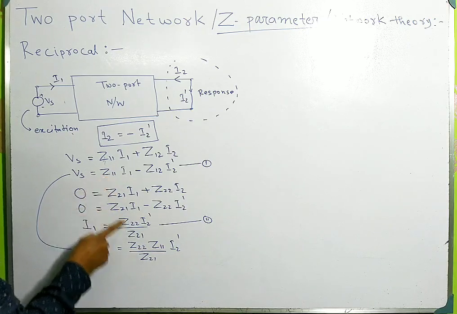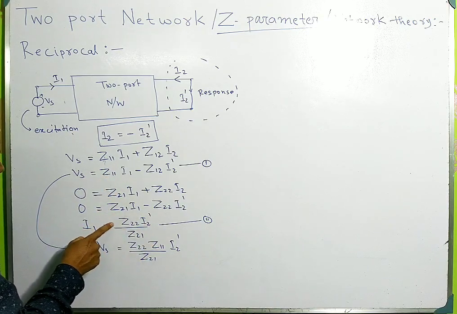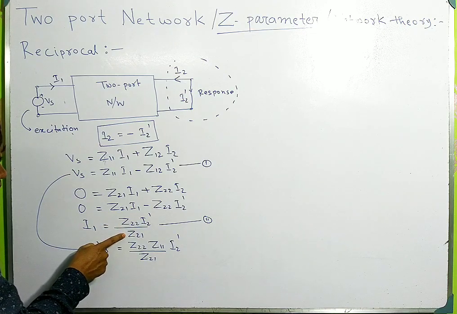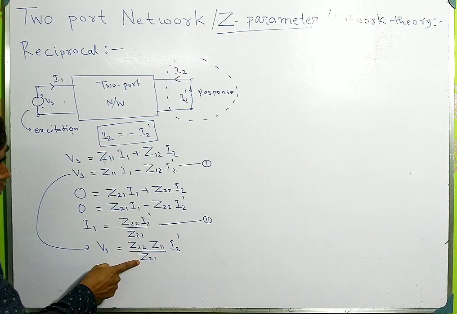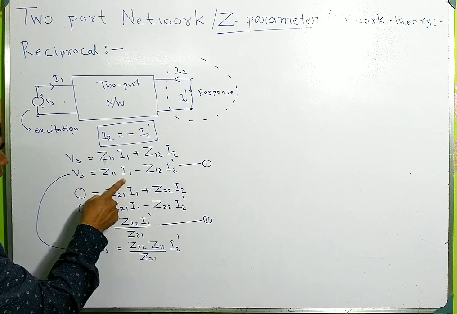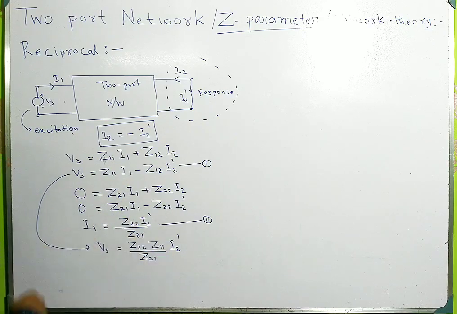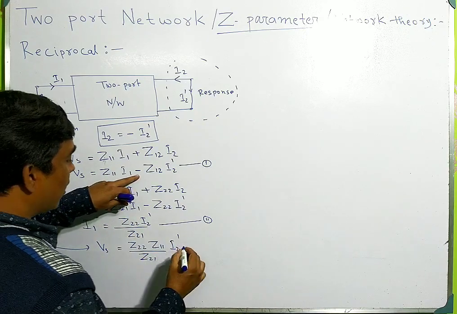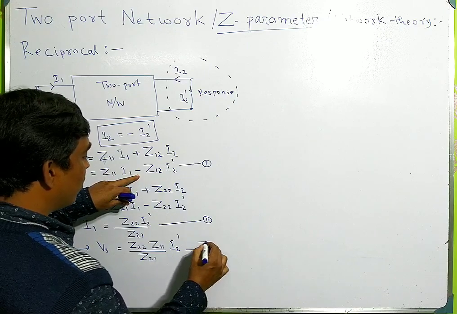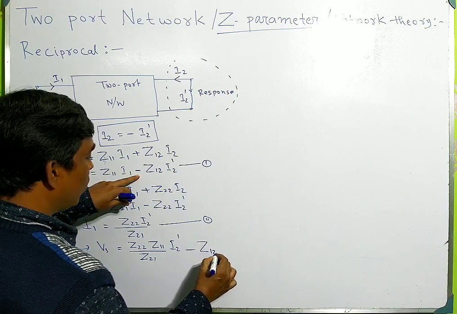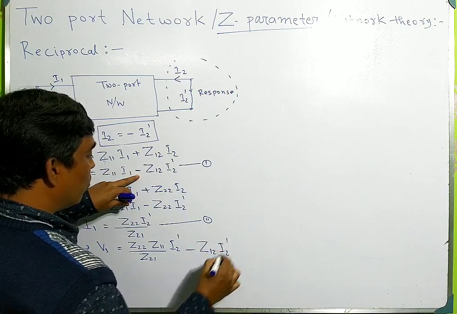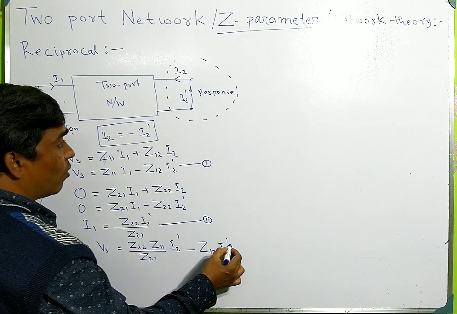So Vs equals Z11 times Z22 by Z21 times I2 dash, minus Z12 I2 dash.